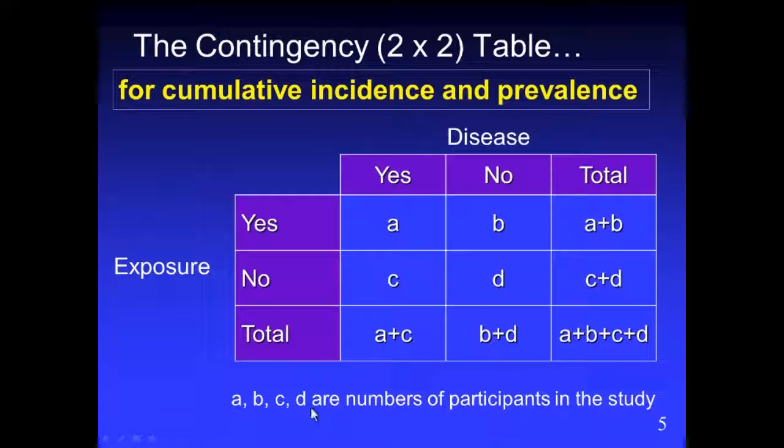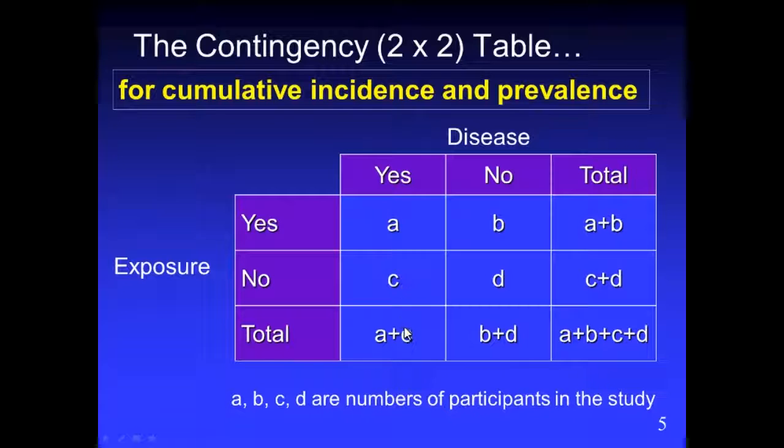So here we have a typical example. We have exposure, and we're going to classify people as either exposed or not exposed. And then we have disease. We're going to classify people as having the disease or not having the disease. And so, of course, everybody falls into one category of having disease or not, and having exposure or not. If you count the numbers of people in those 4 categories, the counts are A, B, C, and D. And so everybody falls into one of these 4 boxes.